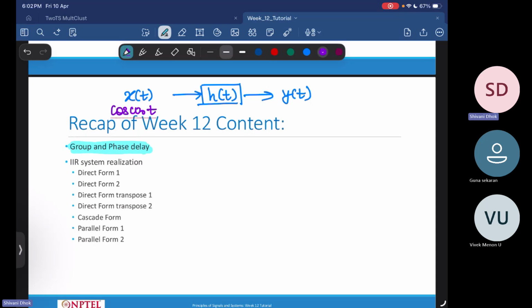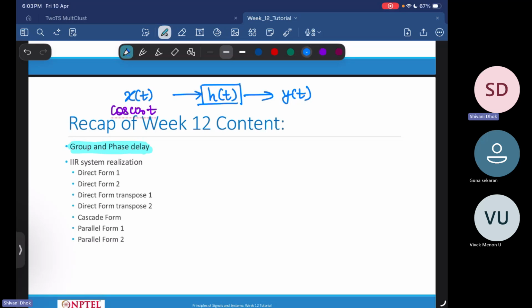When we transmit a particular signal, then with this sinusoid we are able to see delays in the system. There are two types of delays: one is phase delay and one is group delay.